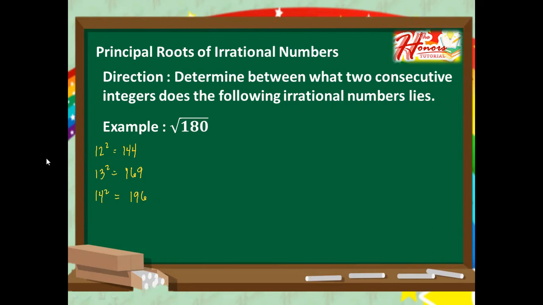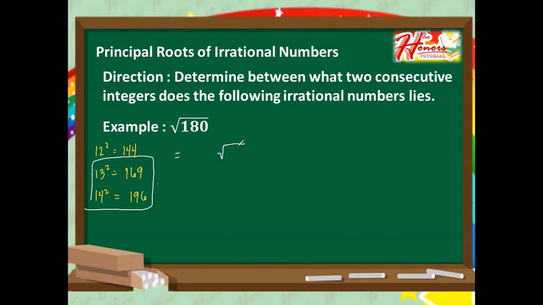So therefore, numbers that we are going to get are 13 and 14, these numbers. Because 13 squared is less than 180 and 14 squared is greater than 180. So this is how we are going to solve for it.